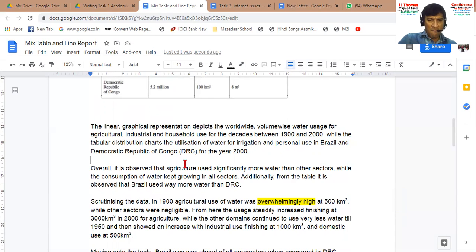See that word, overwhelmingly high, very high. From here, the usage steadily increased, finishing at 3,000 cubic kilometer in 2000 for agriculture.